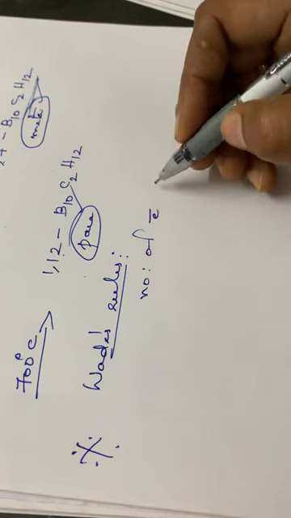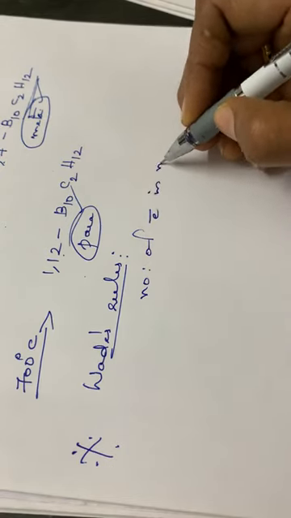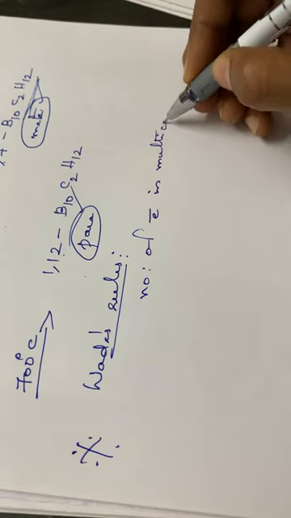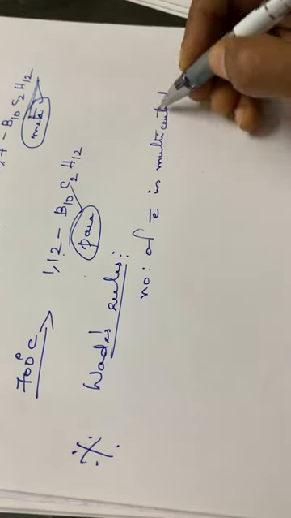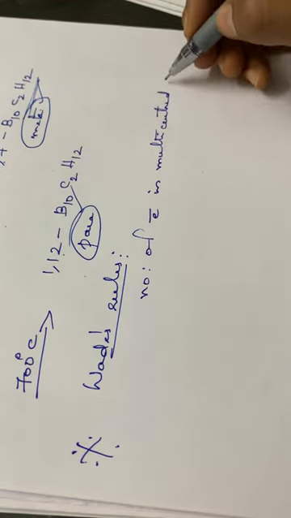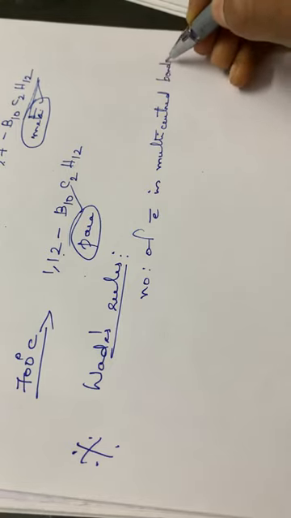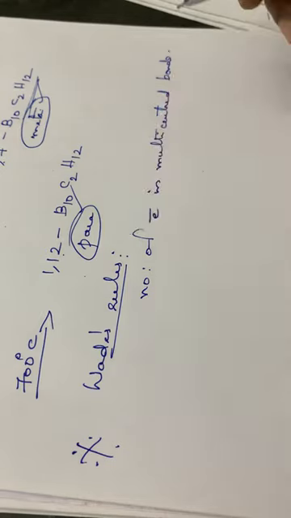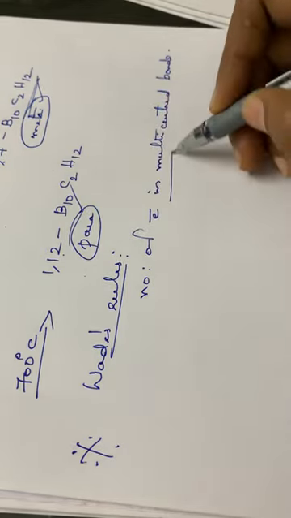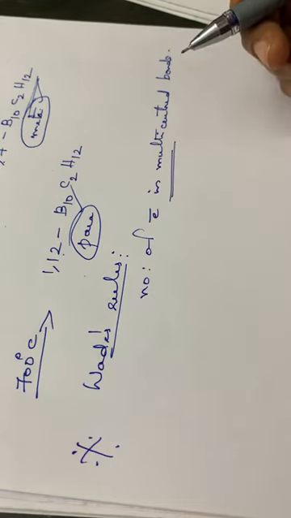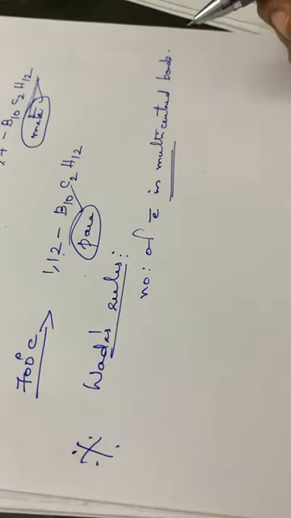Multi-centered means we had seen the 3-center 2 electron bonds, isn't it? As well as the 2-center 2 electron bonds. So in such type of compounds, Wade's rules are applied, for finding out the number of electrons in the multi-centered bonding orbitals.